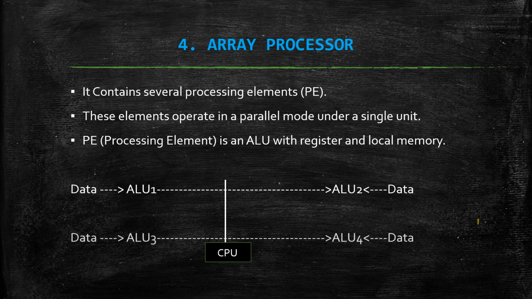In a similar way, some data is going to ALU3, some data is going to ALU4, and ALU3 also requires ALU4. So all this work will be done in a parallel mode. Why can it perform all these things? Because these ALUs have their own registers and local memory, right? So this is about the array processor.